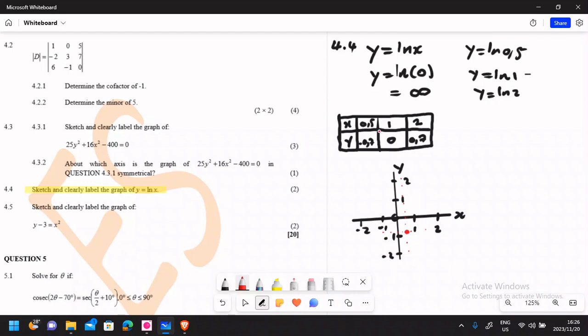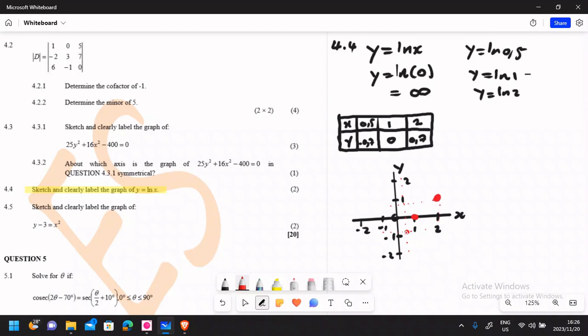Then when x is 1, this is our y. And when x is 2, y is going to be positive, so let's take it there.